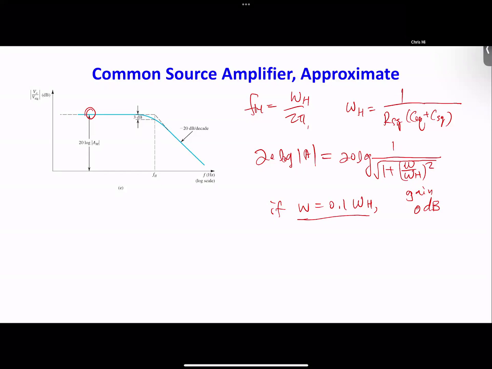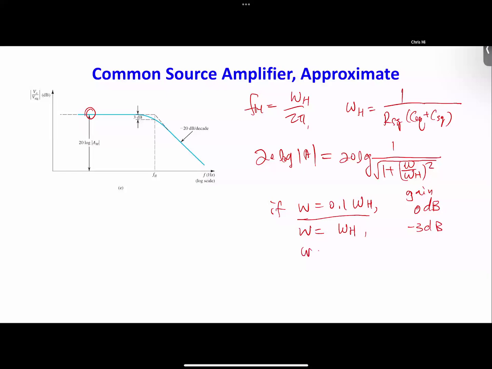Okay. Now what happens if omega is omega H, you get minus 3 dB because, again, 1 omega H is 1, so 1 plus 1 is 2, square root of 2 is 1.4, 1 over that is 0.707, 20 log of this gives minus 3. What happens if omega is equal to 10 times omega H?